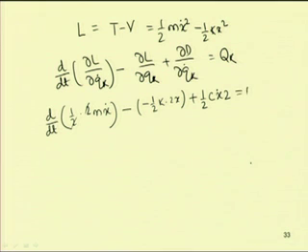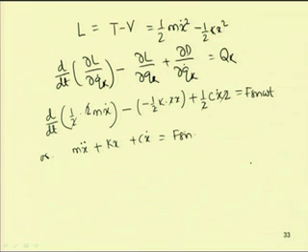So it will be equal to f sin ωt, and the 2s cancel. This becomes m x double dot plus k x plus c x dot equal to f sin ωt.